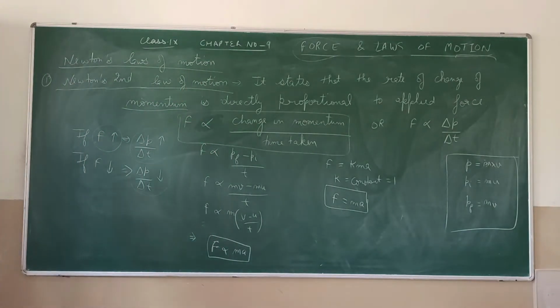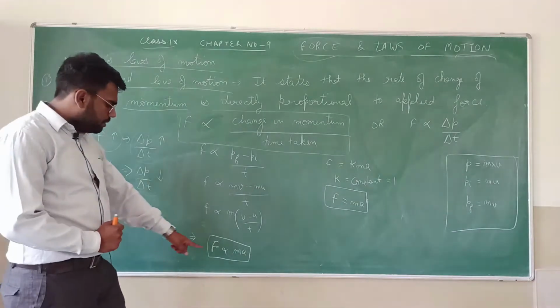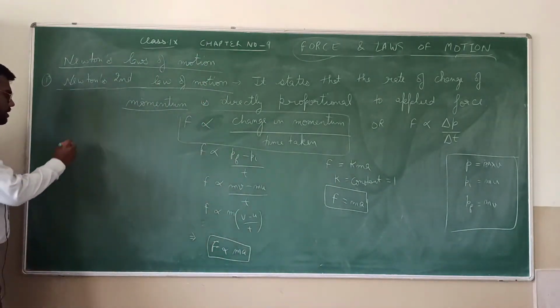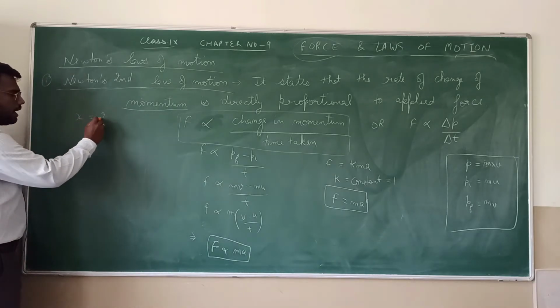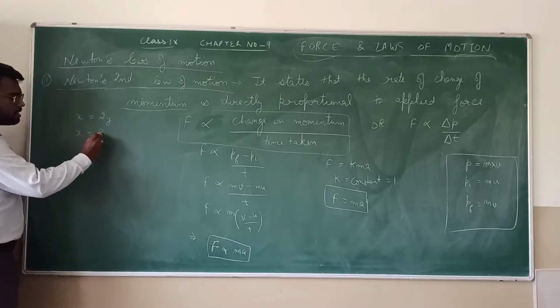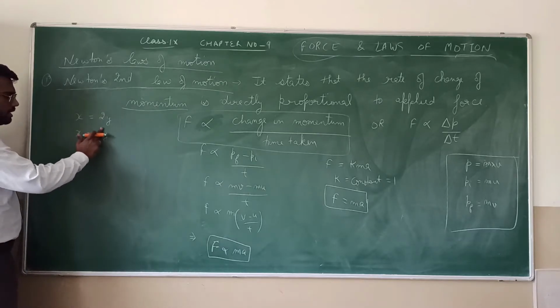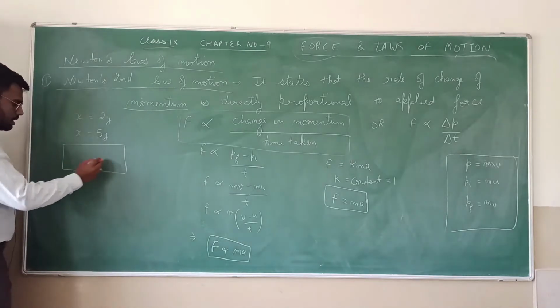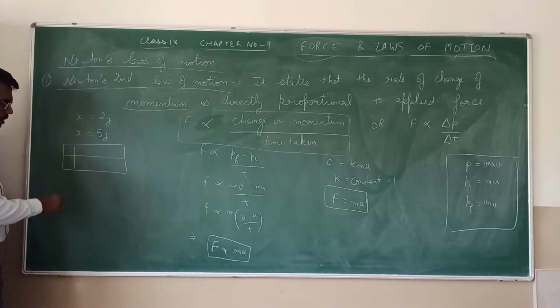Now let us discuss how we remove the proportionality sign using k. Let us say we have two equations. One is x equals 2y. Second is x equals 5y. I am making a box here for each equation. You already studied this concept in 8th class; this is just a revision.